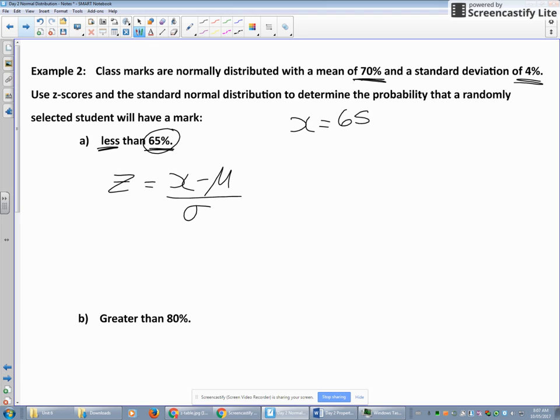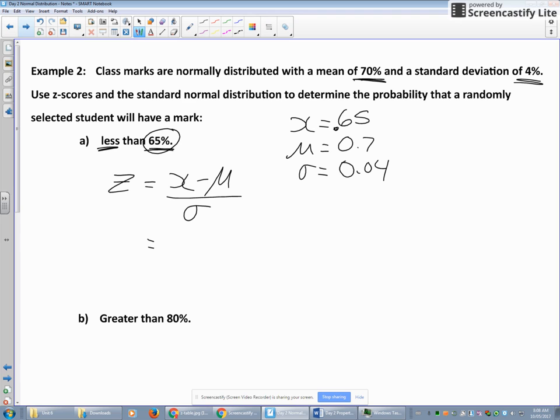In this particular case, my X value is less than 65%. That's my X value that I'm interested in. My mean is 70%, which means it's 0.7. And my standard deviation is 4%, which is 0.04. So to calculate my Z-score, X is 65%, which would be 0.65.